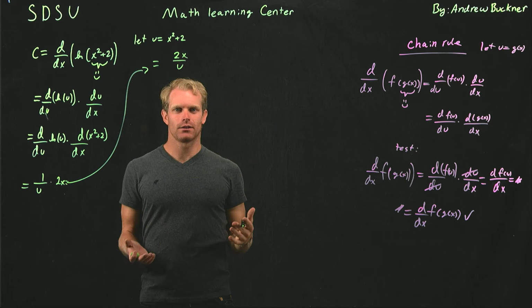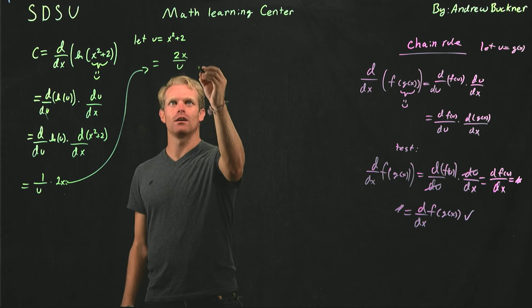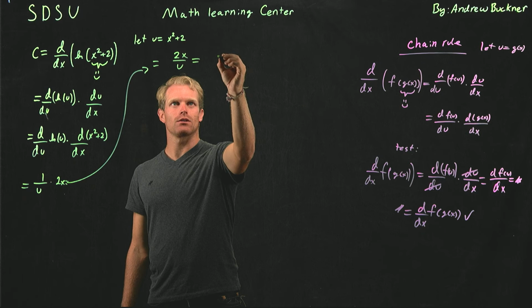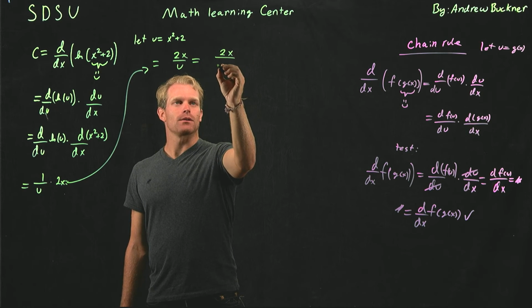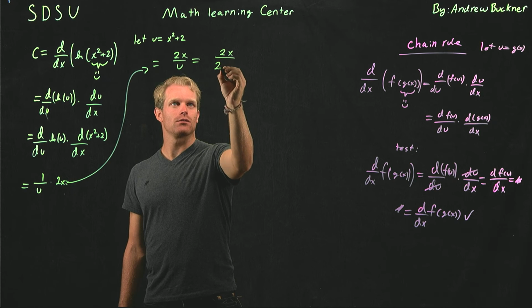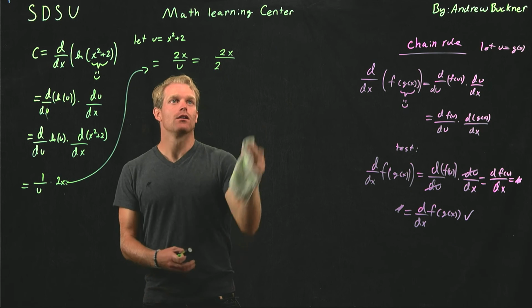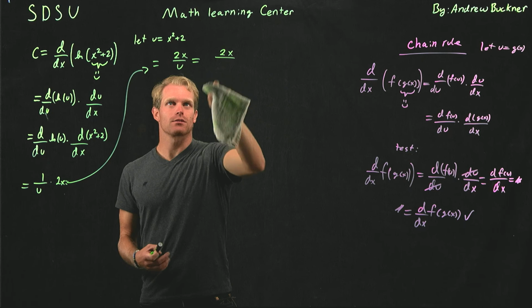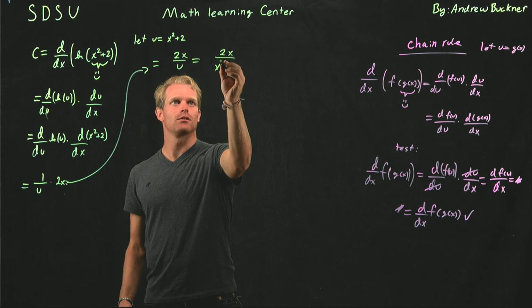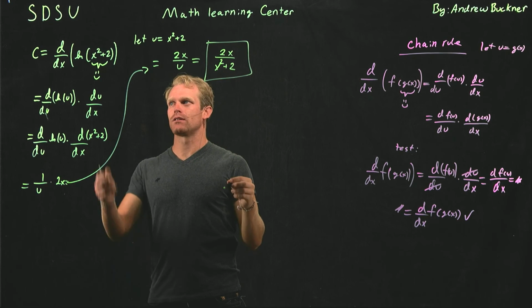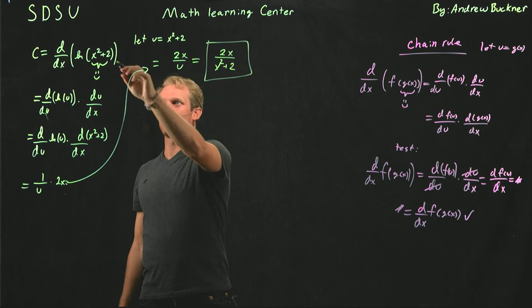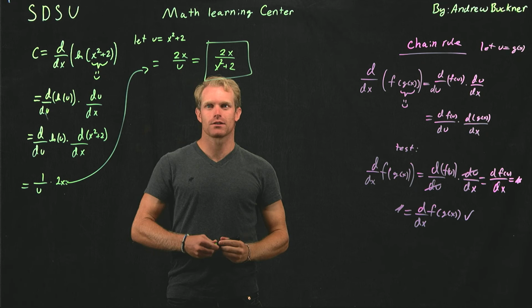Well, I've got an x and a u here, so I need to plug back in my substitution value. So I'm going to plug in the x squared plus 2. And so I get 2x all over x squared plus 2 for the derivative of our compound function here.